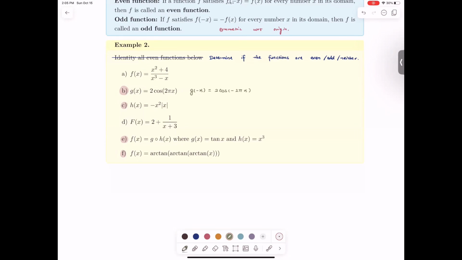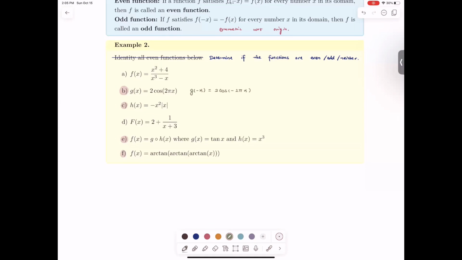All right, can I write it in a different way? Is the cosine function even or odd? It's even, that's correct. If it's even, what can I do with a negative sign in there? Can I remove the negative sign and keep it the same?